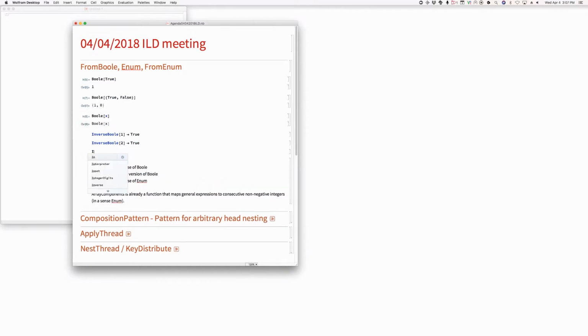I'm sorry, of what? InverseBool of empty list. What would that do? I think it's got to be listable. That would have to go to an empty list. So it would operate only on numbers.